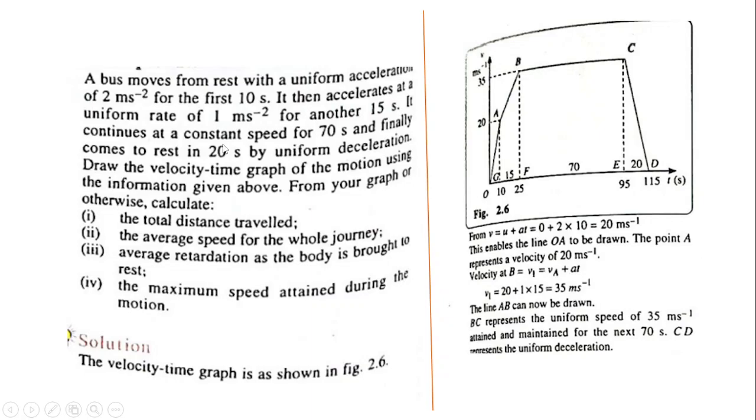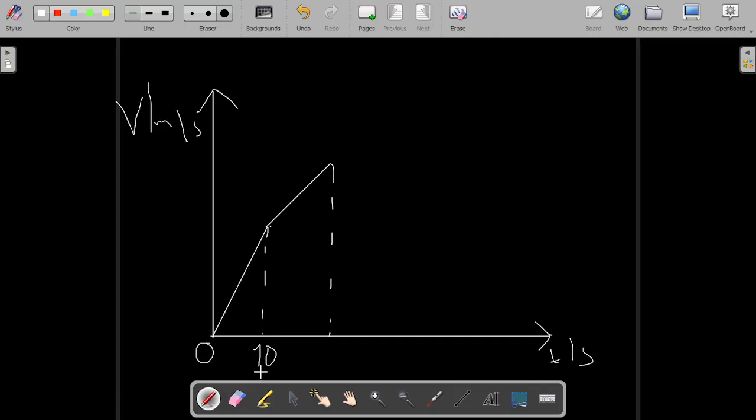Now let's take the line downwards. We don't write 50 seconds, since it accelerates for another 15 seconds. Then we add 15 seconds to 10 in order to get the time here, which gives us 25. To get the value between this, we subtract, and we get the 15 seconds.